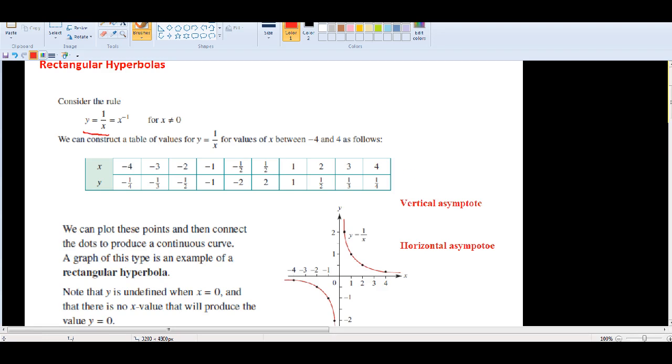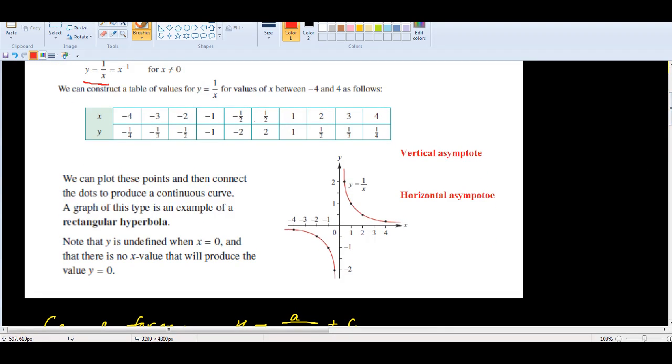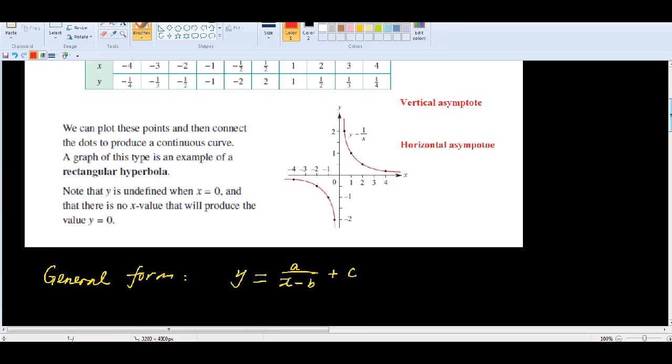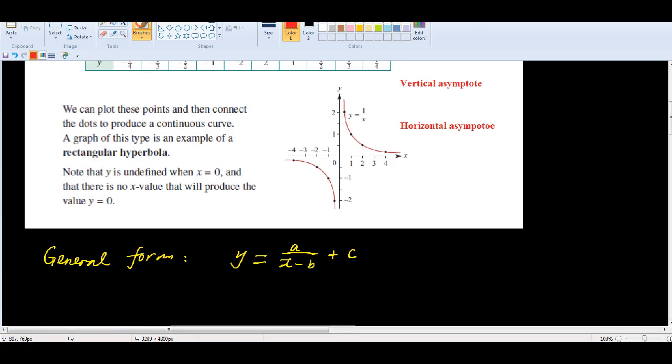All right. So we could see from the table, if x becomes bigger and bigger, y becomes smaller, and if x becomes more negative, y approaches 0 as well. Okay, so here comes the curve, right?